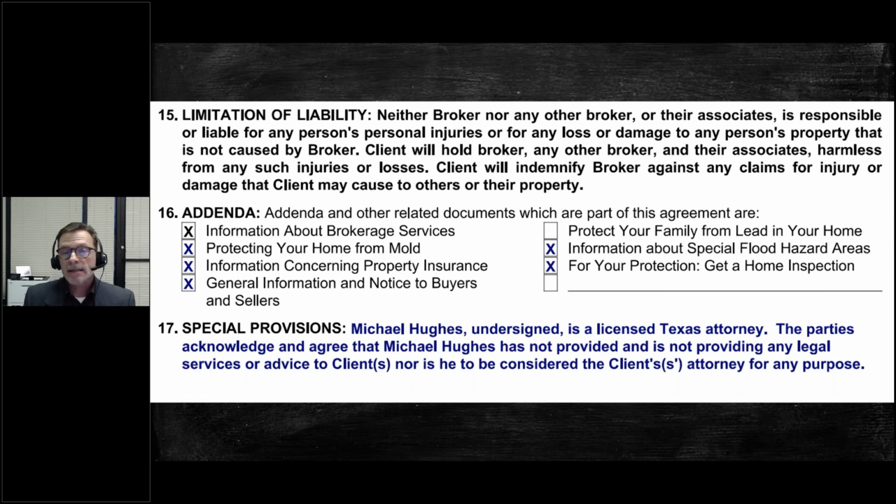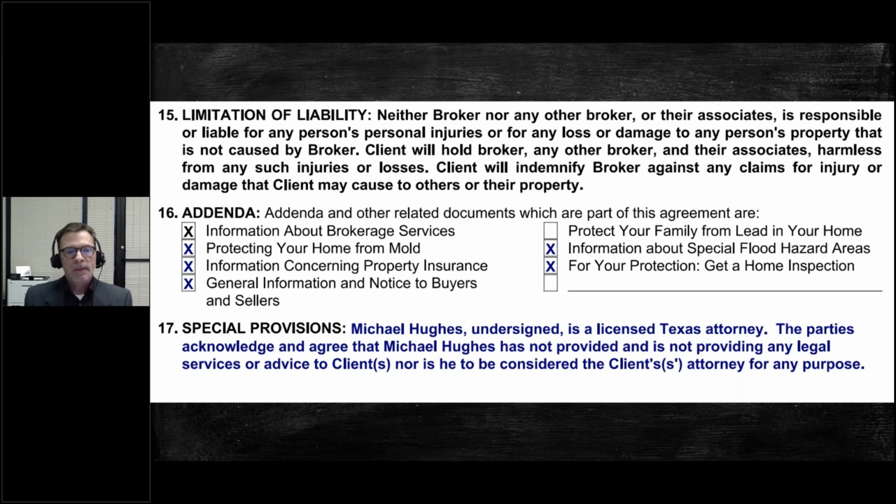So for me, I am a licensed Texas attorney. I'm not allowed to practice law when I'm acting as a real estate agent, and so I put that in there just as a disclosure and a disclaimer and to protect myself. So I've written in there, I am a licensed attorney, but everyone agrees that I am not providing legal services or advice to the client, and I'm not to be considered the client's attorney for any purpose.